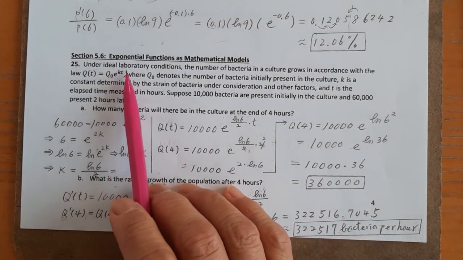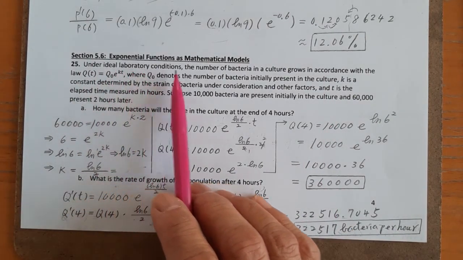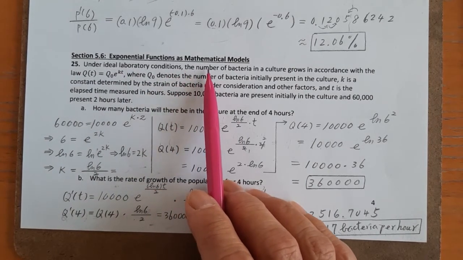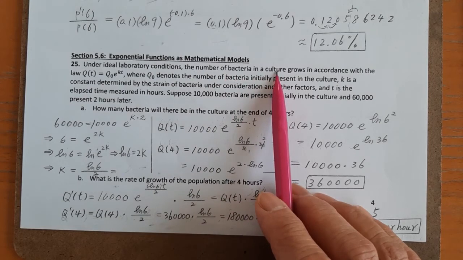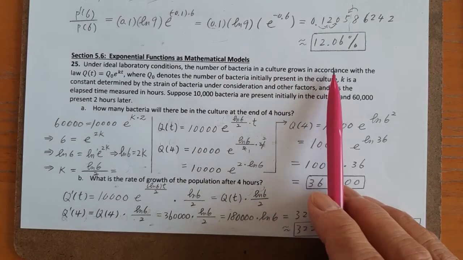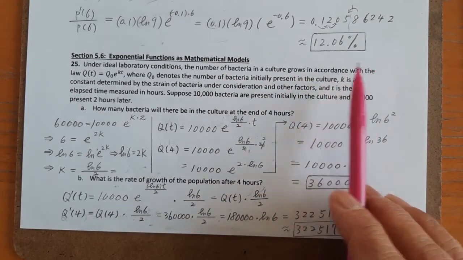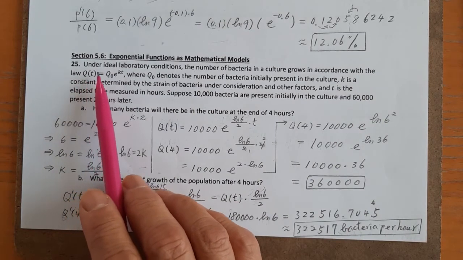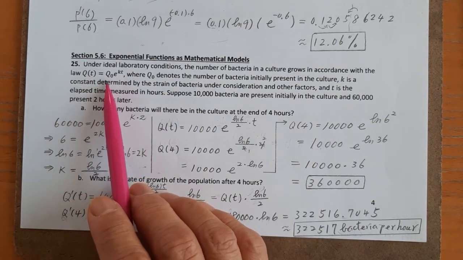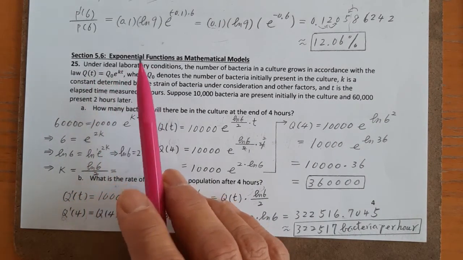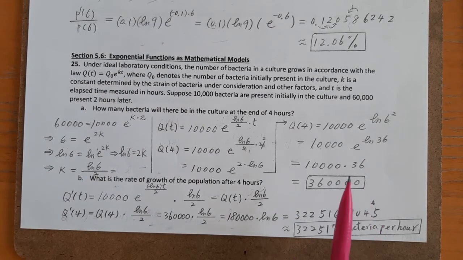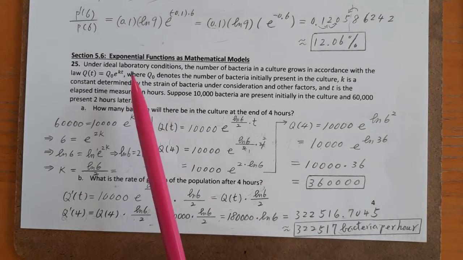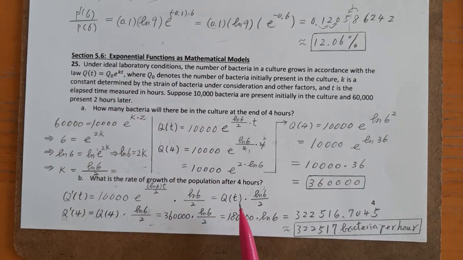Under ideal laboratory conditions, the number of bacteria in a culture grows in accordance with the law Q of t equals Q0 e to the power kt. If k is positive, it's growth. If k is negative, it's decay. Growth means increasing, decay means decreasing.